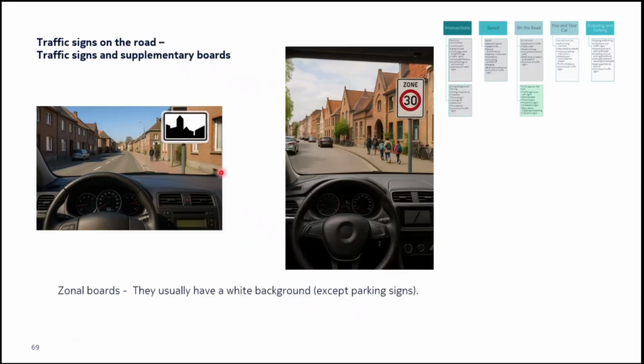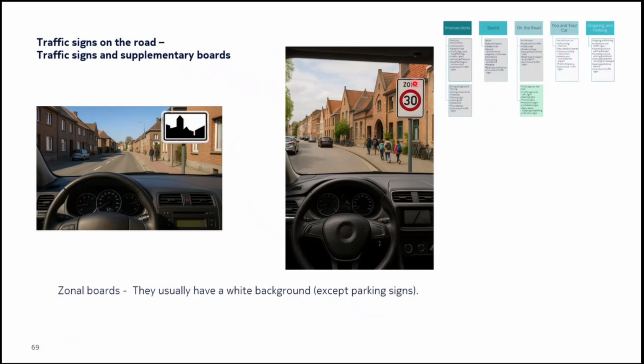In addition to the boards and supplementary plates, we also have the zonal boards. These zonal boards apply for an entire zone. So the moment you see a zonal board, you have to look out for the place where the zone ends. Basically, these are white plates with black ink on them, like this one.